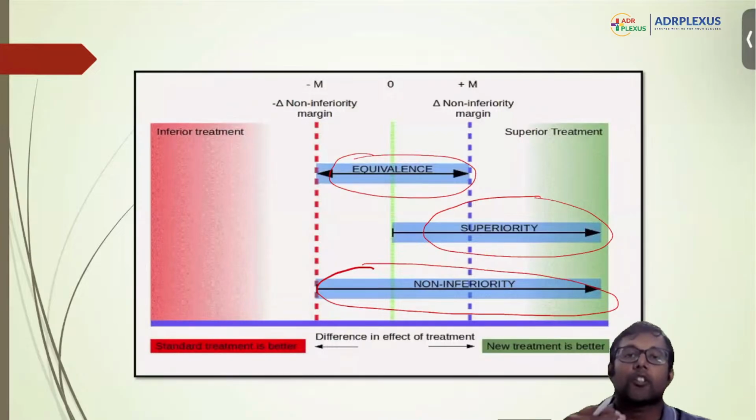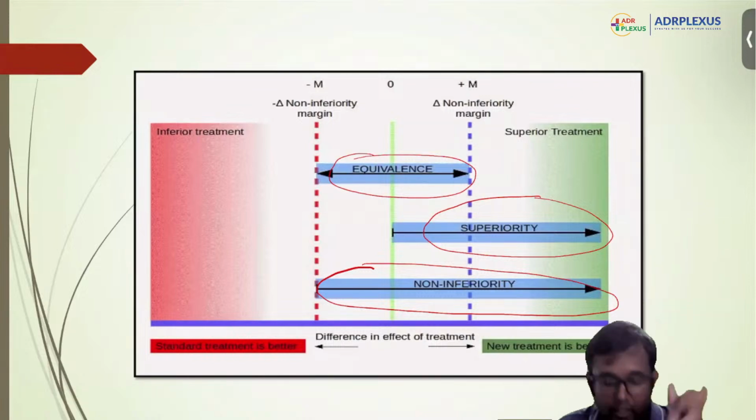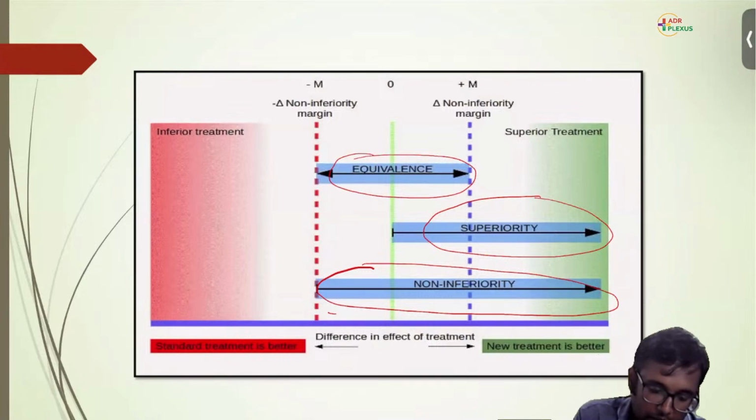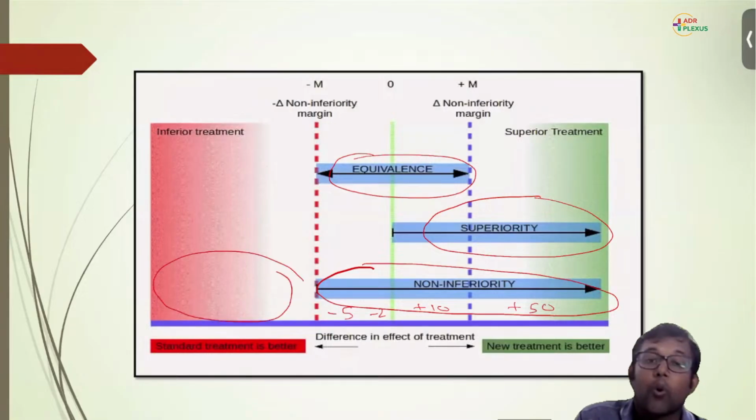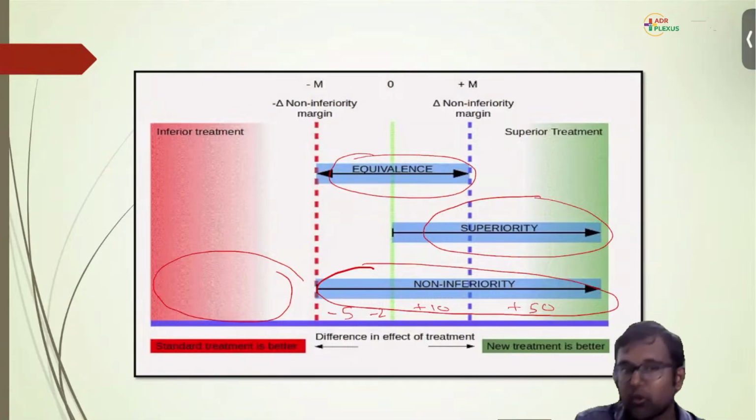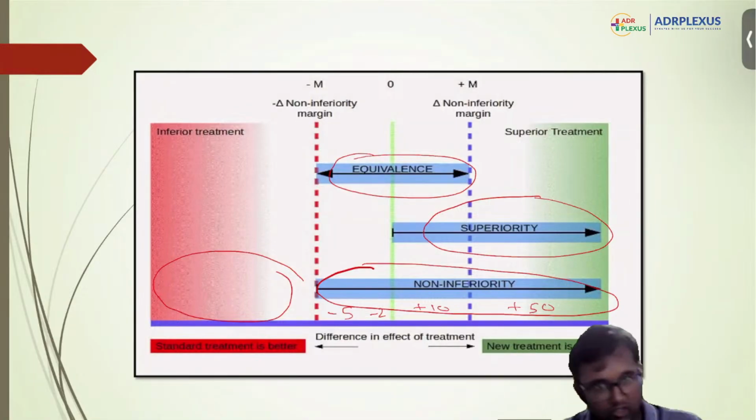India will always lose gracefully because India is a powerful team. The match will go very close. Maybe India will lose by 5 runs, or by 2 runs, or India may win by 10 runs, or by 50 runs. So India is non-inferior to Australia.